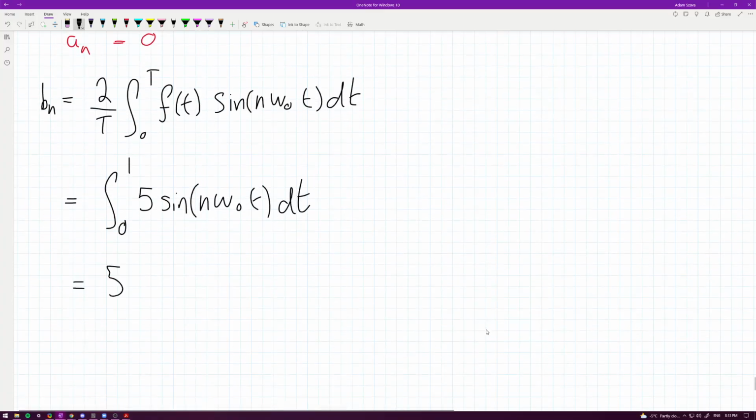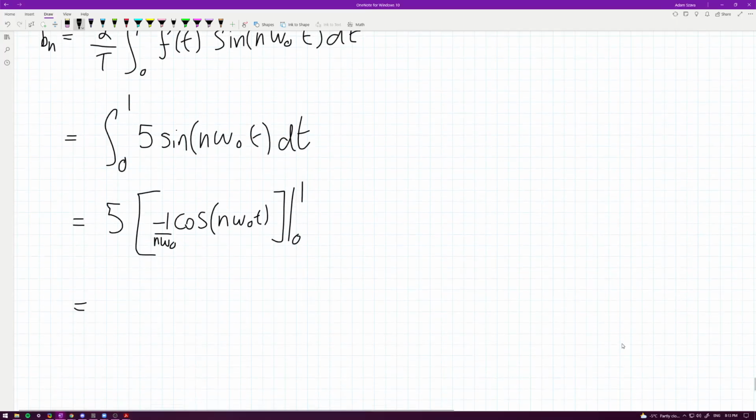Which is 5 times negative 1 over n omega 0 cosine of n omega 0 t, evaluated from 0 to 1. Then we put in 1, and then we put in 0.